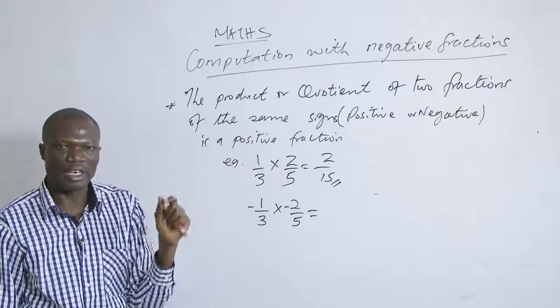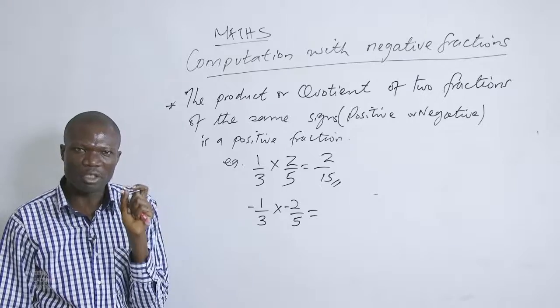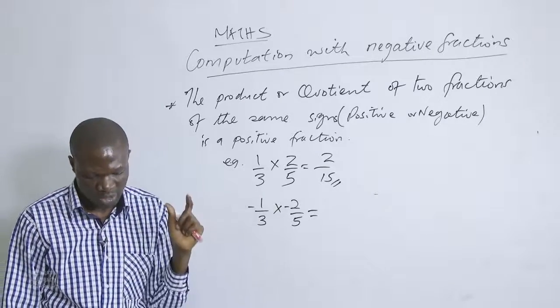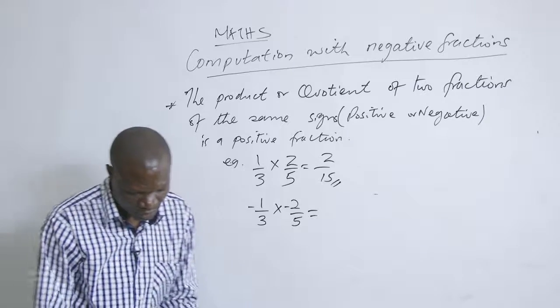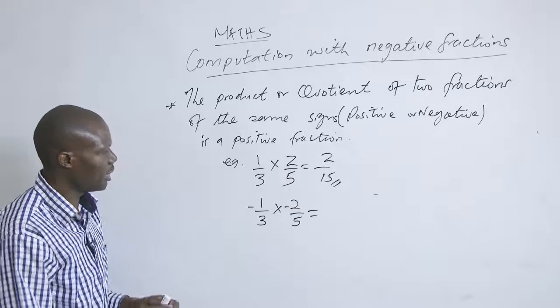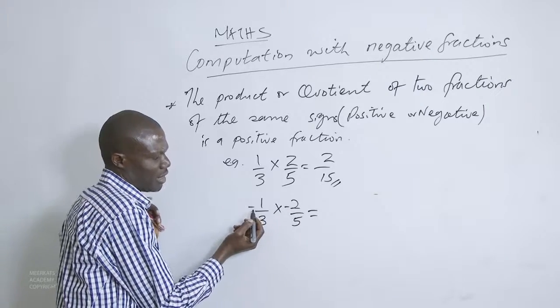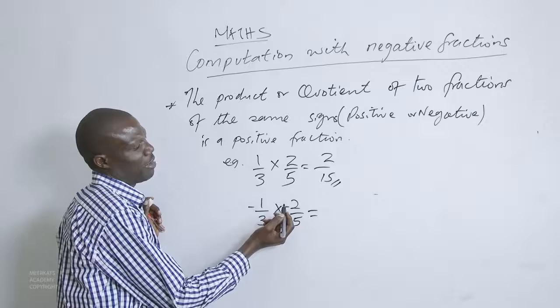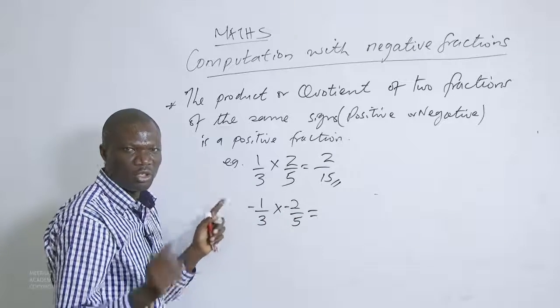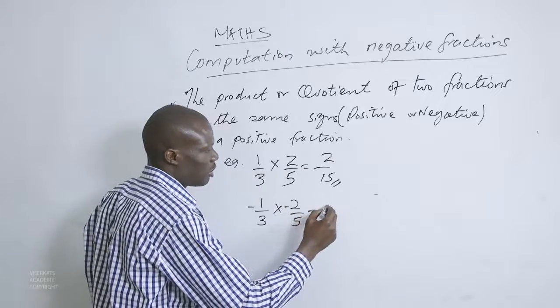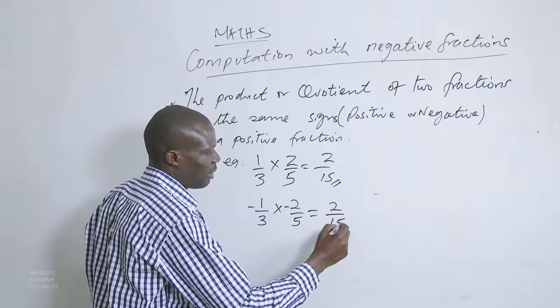From the rule here, whether both of them are positive or whether both of them are negative, the results must be the same. So in this particular case, we shall multiply the way we always handle it, 1 times 2. But remember, this is minus 1 multiplied by minus 2. So the product of two negative numbers is positive. So this one will give us 2/15.